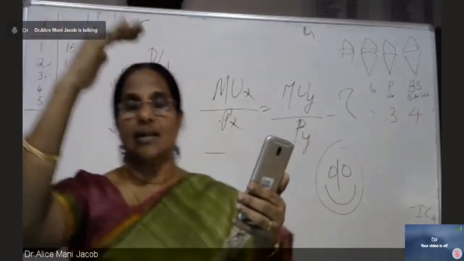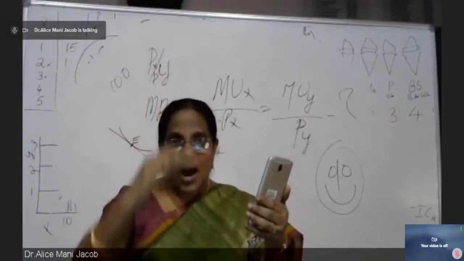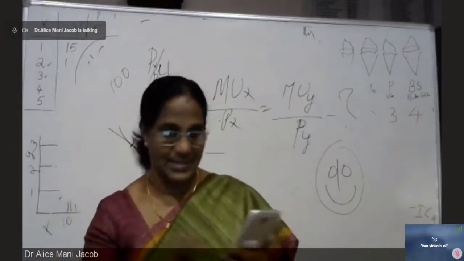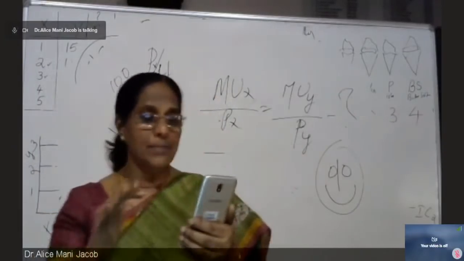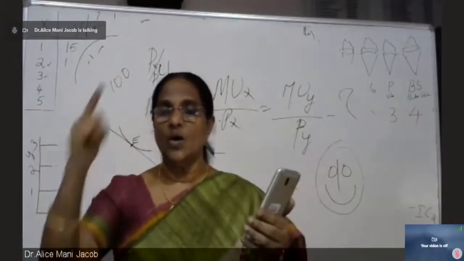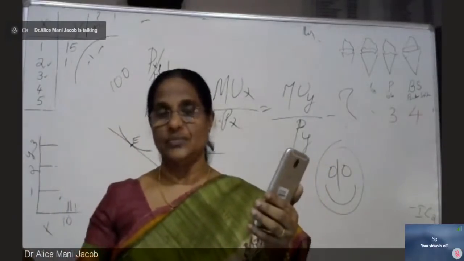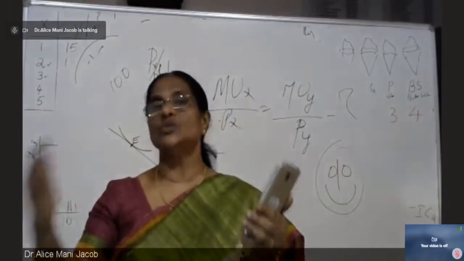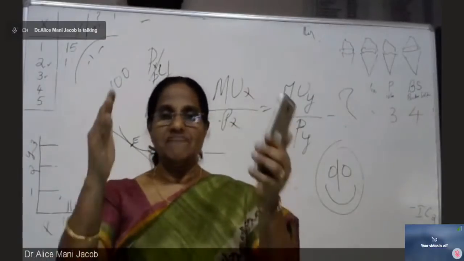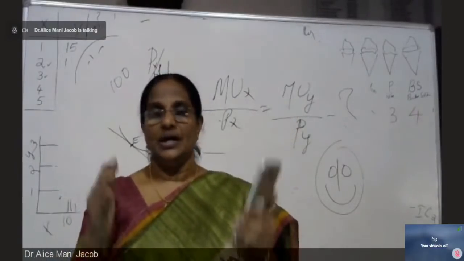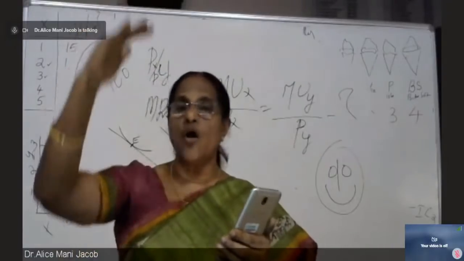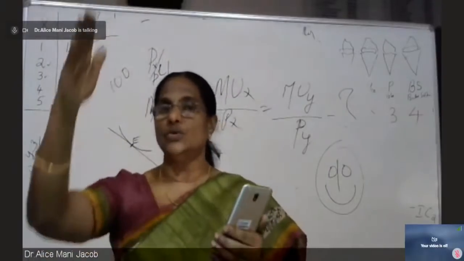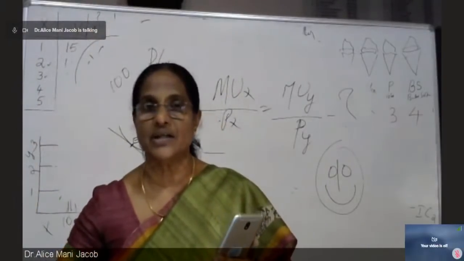That is the rate at which good Y is given up for an additional unit of good X. Did you notice in our table, X is increasing 1 by 1? Did you notice food is increasing 1 by 1? That's why the term marginal. For every 1 unit increase in food, how much clothing are you giving up so that you remain at the same level of satisfaction?